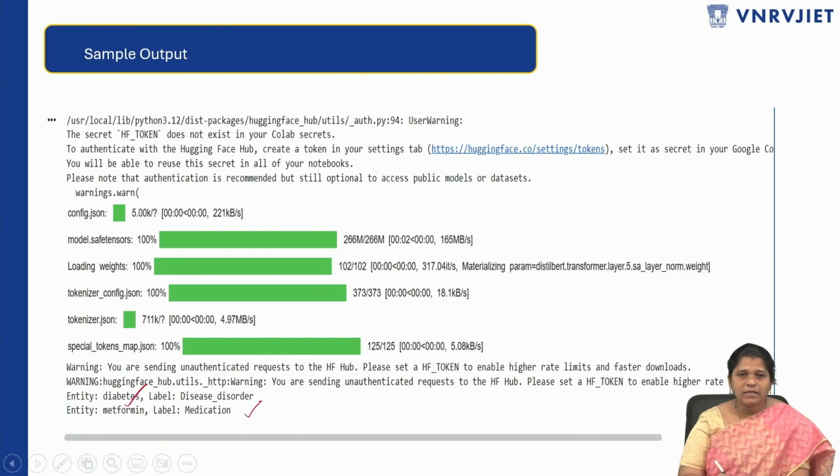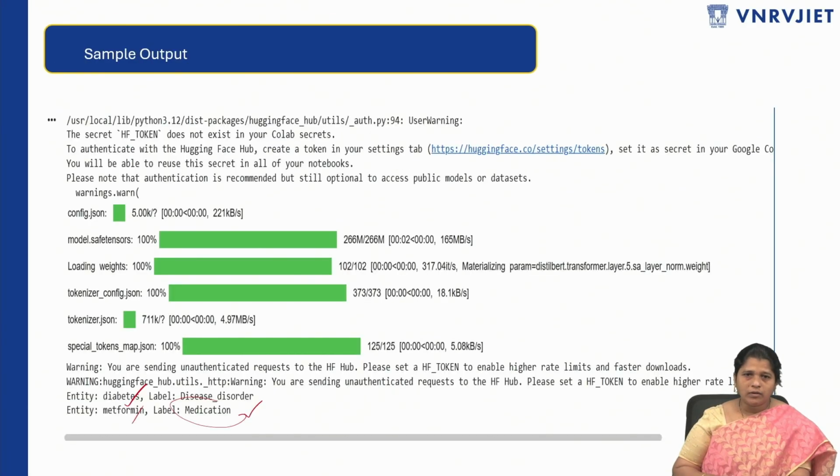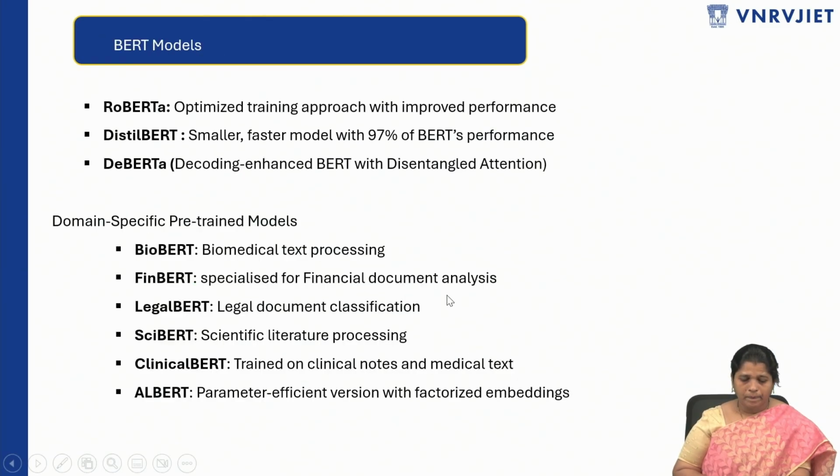Diabetes is labeled as a disorder and metformin as a medication, which is done automatically. This is how we can take BERT models directly from Hugging Face and apply them to detailed applications.